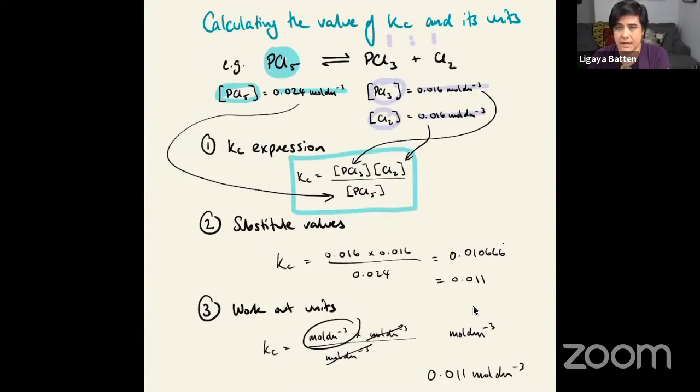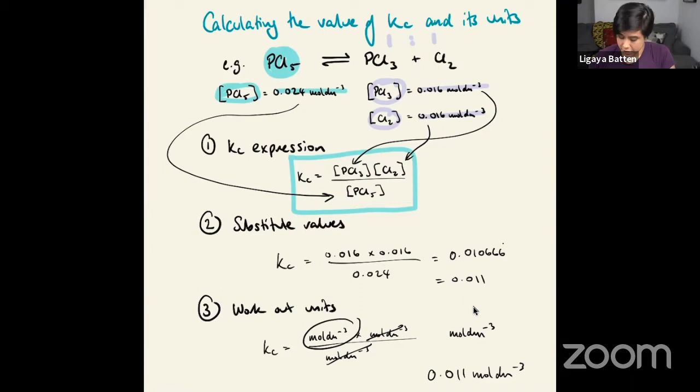So in an example like this, we've been given an example reaction. PCl5 makes PCl3 and Cl2, and we've been given the concentrations at equilibrium of each of those chemicals. So we can just substitute that into the Kc expression, and then we get a value.